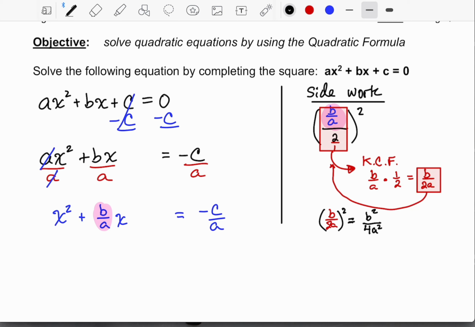That's the number that gets plugged into the gap. So we plug that into the gap. We add it to the other side also. So plus b squared over 4a squared, plus b squared over 4a squared.